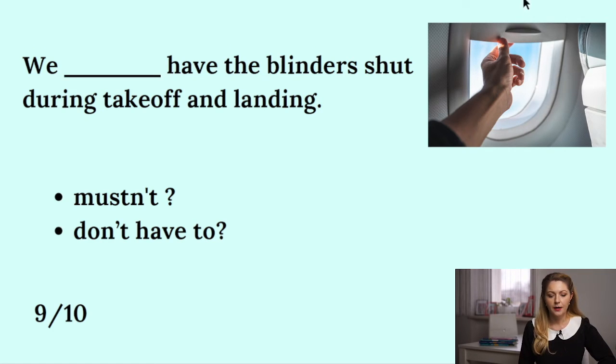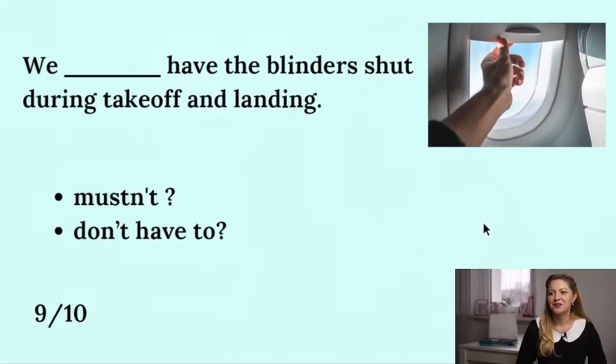So these blinders on the windows on the aircraft, when you have a flight, when you fly, these flight attendants say, please open them, no matter if it is sunny or if it is night, you always have to have them open, because these are safety instructions.